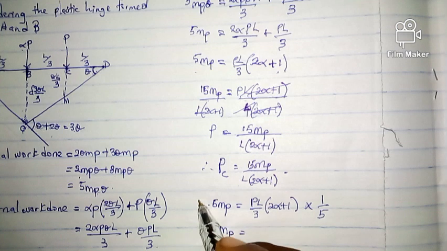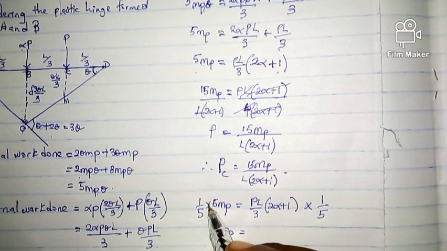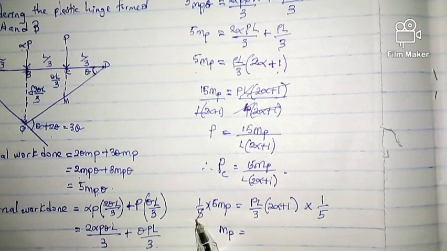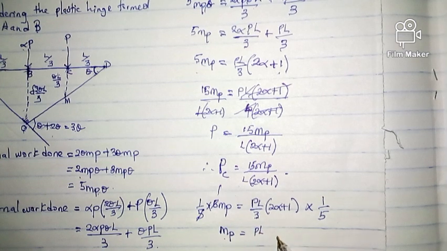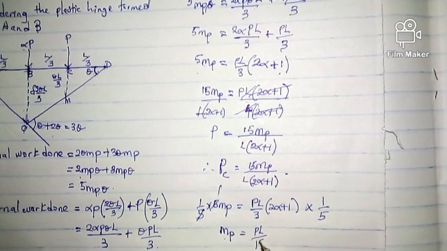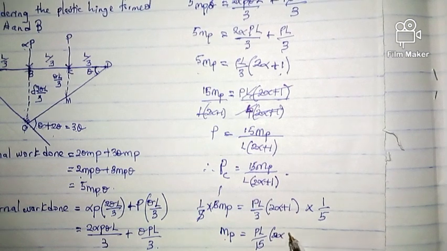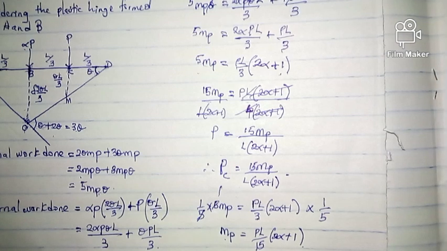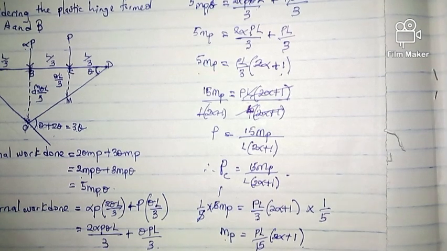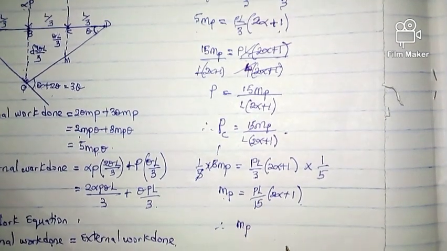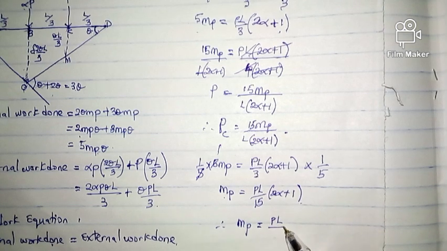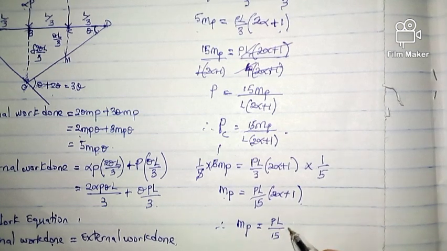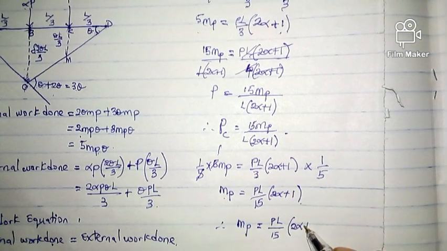Then this 5 multiplies this 3, and you're left with PL all over 15 of 2 alpha plus 1. Therefore my MP is equal to PL all over 15 into 2 alpha plus 1. So this is my MP and this is my load.